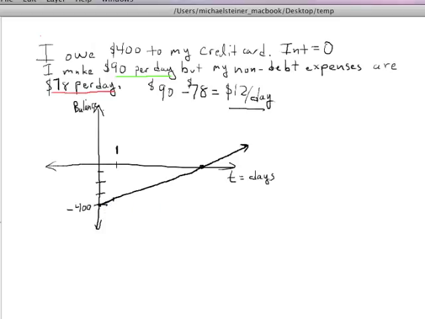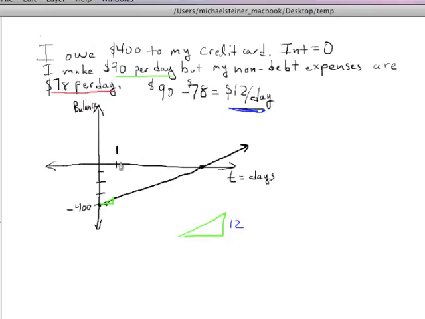So let me just take this triangle and draw it up over here, okay? So there's that triangle. It's going to go up by 12. Let me do the right colors here. Let's do blue. Here's our $12. It's going to go up by 12 for going 1 day.